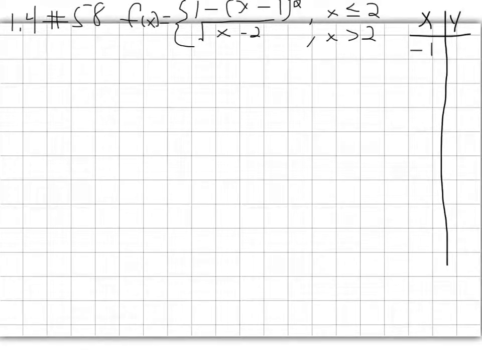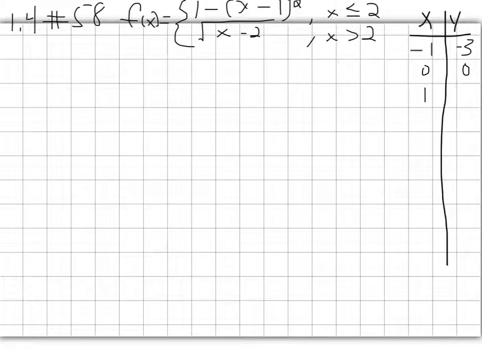Negative 1 is in the range of x less than or equal to 2, so we'd plug it into there, and we would get negative 1 comes out to be negative 3. When x equals 0, we're still in the x less than 2 mode, so we would plug that in, and that comes out to be 0.